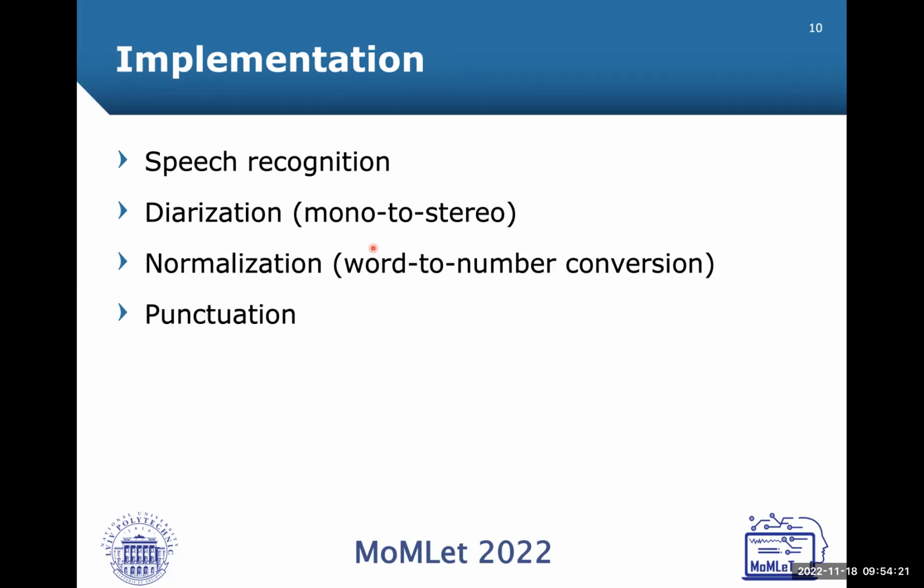As for implementation, there are a few parts that should be done in the prototype. There are only NLP and speech-related tasks here, but you can see that even with this small amount, just to process audio and store audio, you still need at least four tasks: speech recognition, diarization from mono audio to stereo, since in business cases there is still a lot of mono recording, normalization to convert words into numbers, and punctuation.